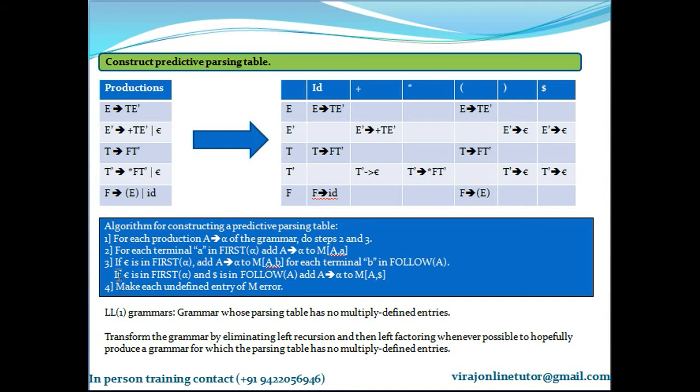What does rule number 3 say? If first of right hand side contains epsilon in it, add the production to the table at all the places in follow of left hand side. And if dollar is in the follow of left hand side, then add this production also at dollar.